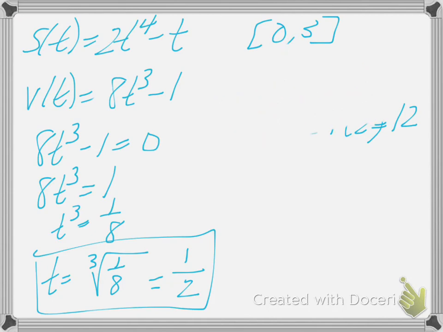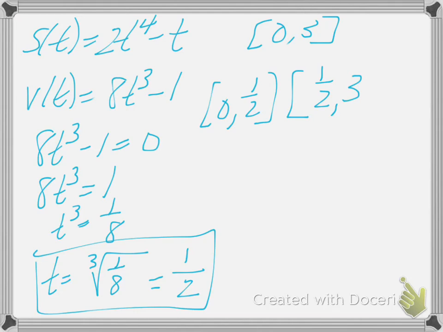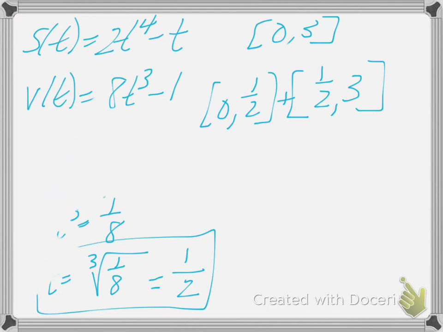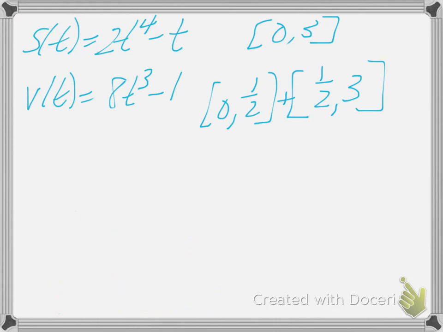So we're going to set up our intervals. We're going to go from 0 to 1/2, and then from 1/2 to 3. Okay, and then we're going to add those together. So let me make some room here. Okay, so we're going to do s of 0, which is going to give me 0, and s of 1/2. So I'm substituting into here.